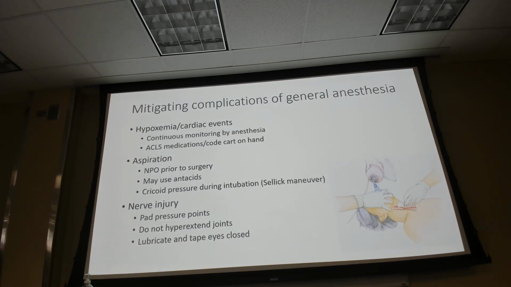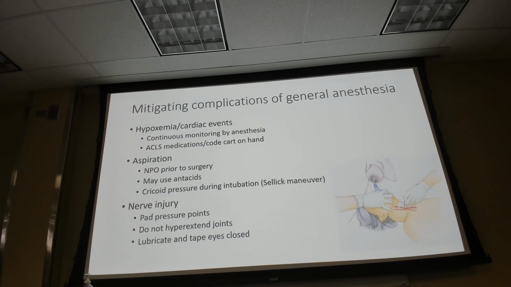And then what do we do to mitigate this? Everywhere has policies and procedures. We have to have continuous monitoring. If they're intubated or under general anesthesia, typically anesthesia is there for continuous monitoring and using those medications appropriately, and the gases, so that we keep them under. And then we obviously have to worry about aspiration.